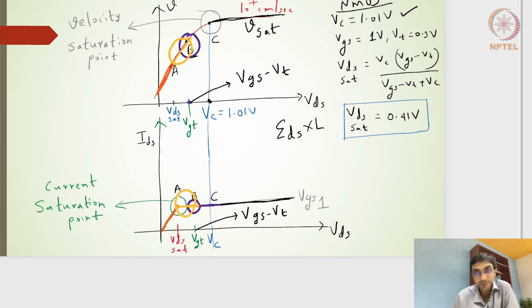So what it really implies is that between A and B, the current reaches saturation.